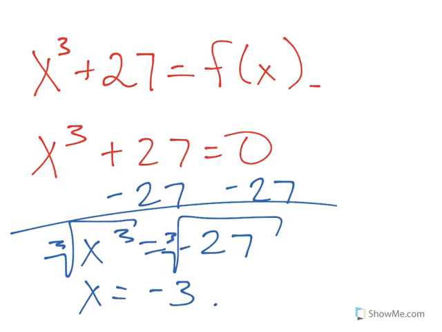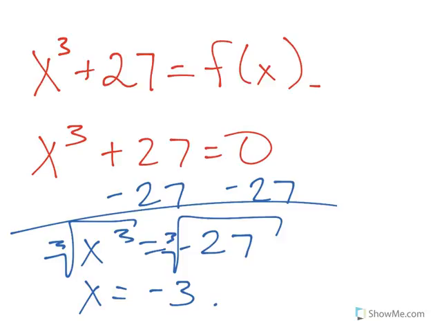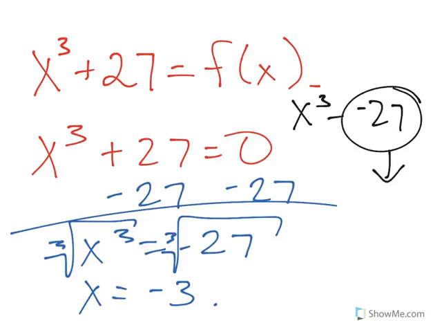So this is exactly the same thing we had before, and you can think of this just as x cubed minus negative 27, and treat negative 27 as the b and work from there. You know that x minus negative 3 must be a factor, so that's just x plus 3.